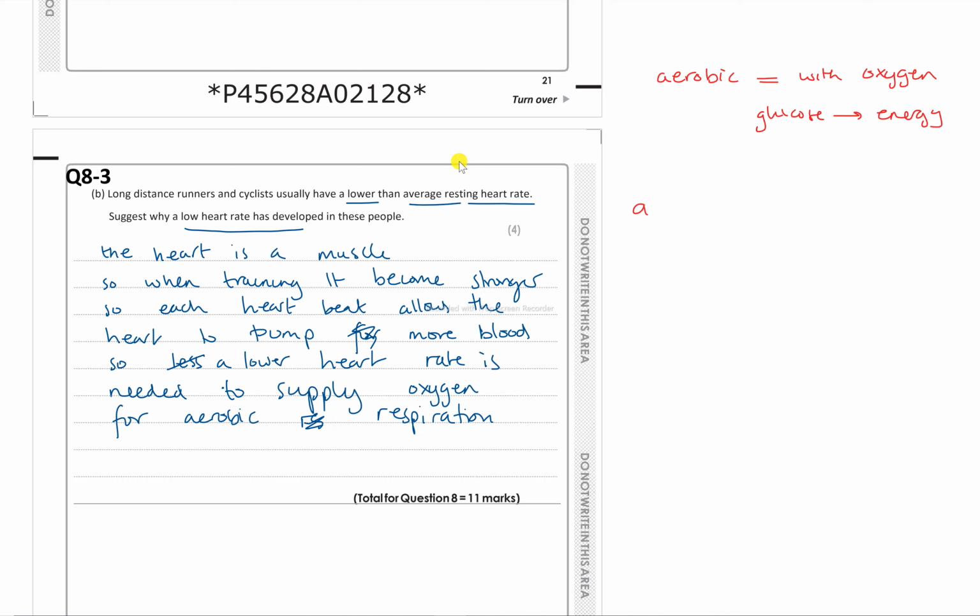And you have something called anaerobic respiration. All that means is there's not enough oxygen, so some of the glucose is turned into lactic acid, and some of it is turned into energy.